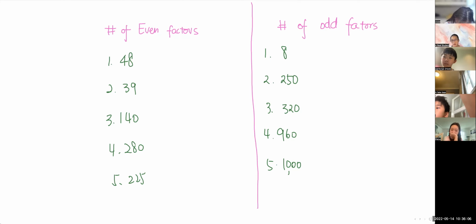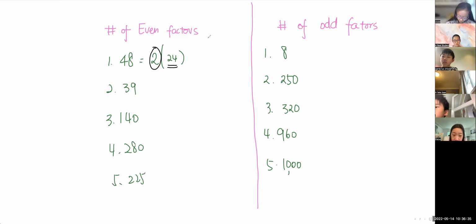For example, for 48, I got that there are 10 factors all together. Then how do I find the even and odd out of 10? For instance, you need to take out a 2, because 48 equals 2 times 24, right? By taking this factor 2 out, the 24 left will give the number of even factors among the factors of 48.